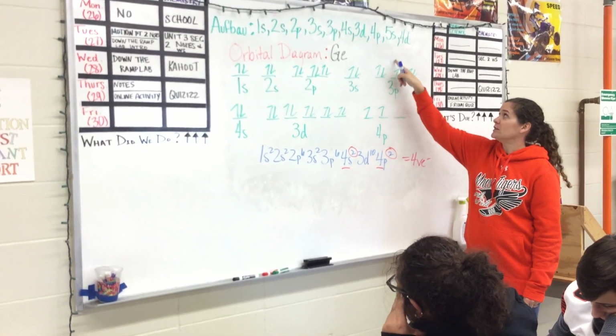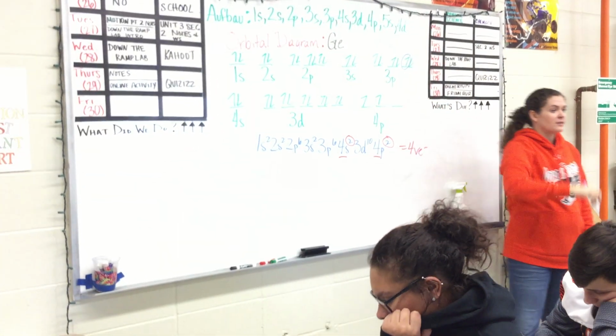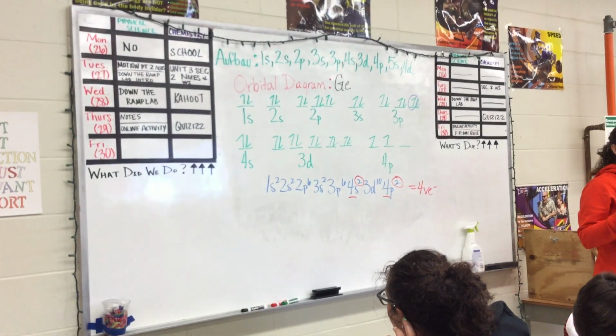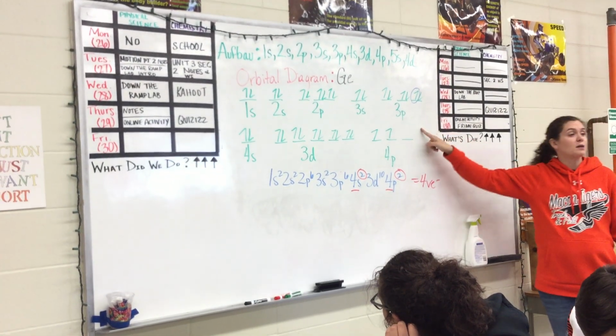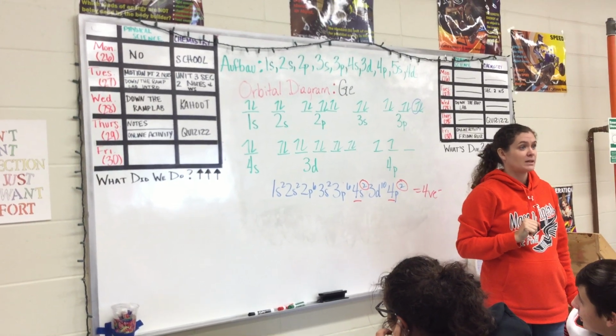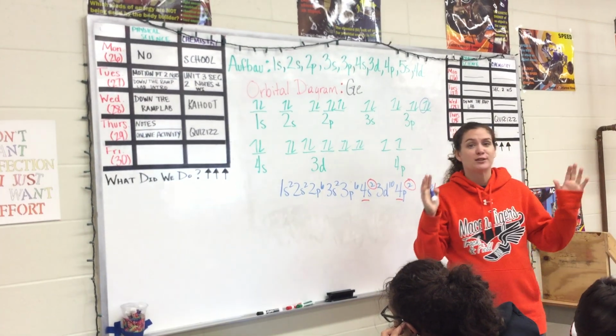Then I would go 13, 14, 15. That's him right there. So you could tell me that germanium's 15th electron is in the 3p sublevel in the 3rd orbital. That's how good we are today. And that's finally it for today.